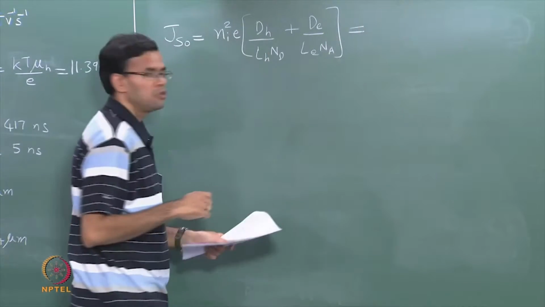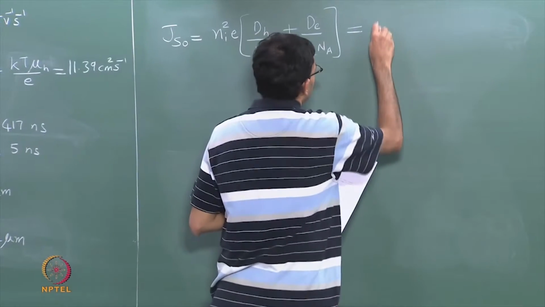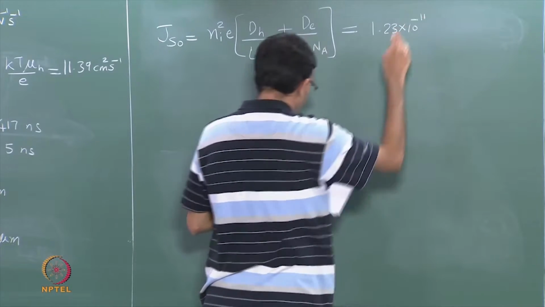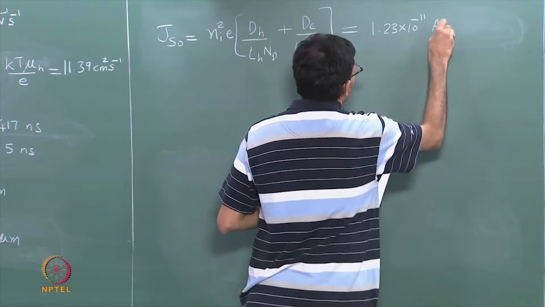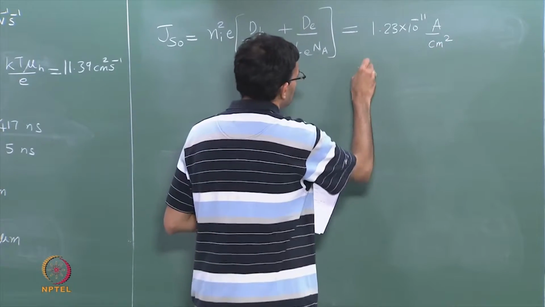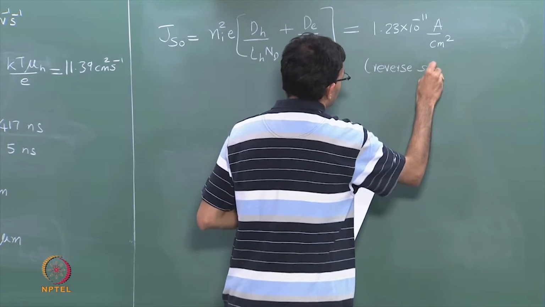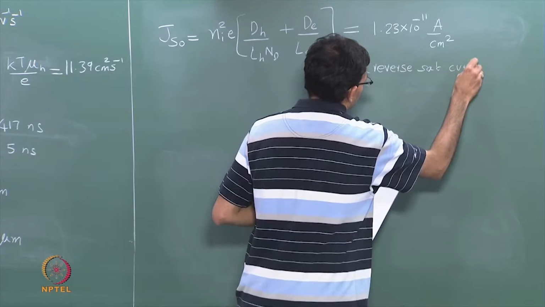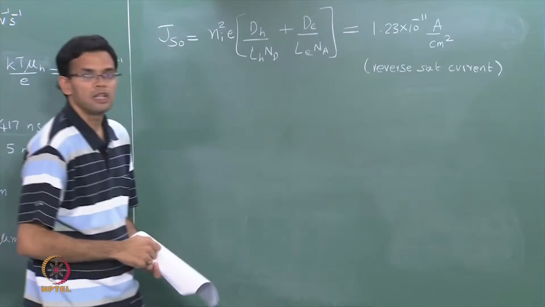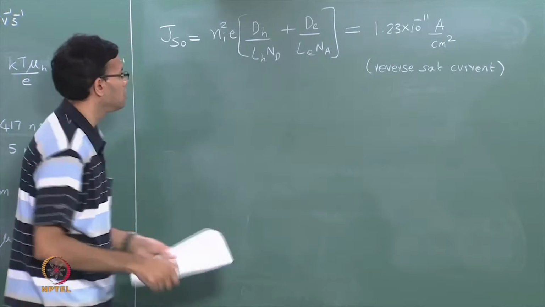So, we can substitute the numbers and evaluate Js naught. So, Js naught turns out to be 11 ampere per centimeter square. So, this is the reverse saturation current. So, this is the current that will be flowing through if I reverse bias the p-n junction.